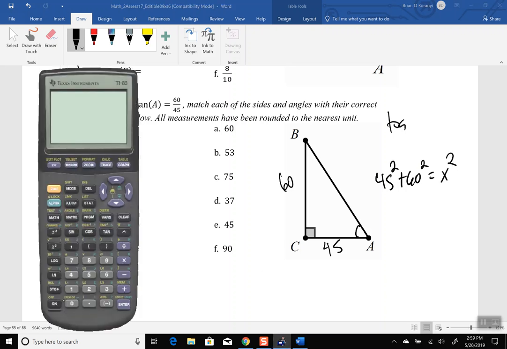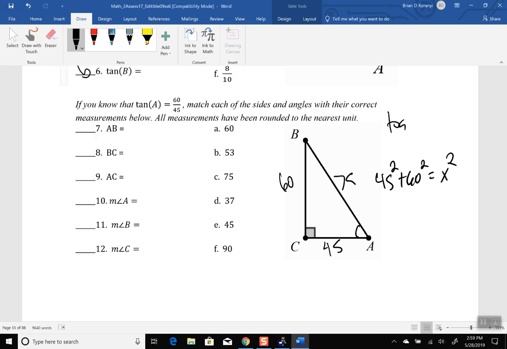So 45 squared plus 60 squared gets me that. Take the square root. That would be 75.